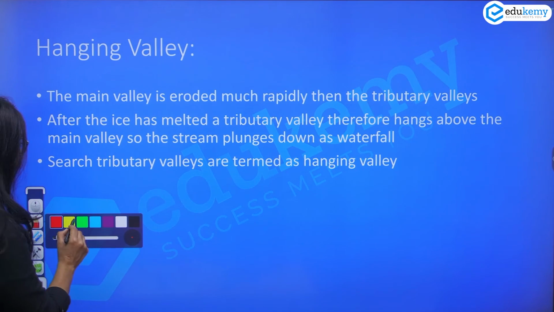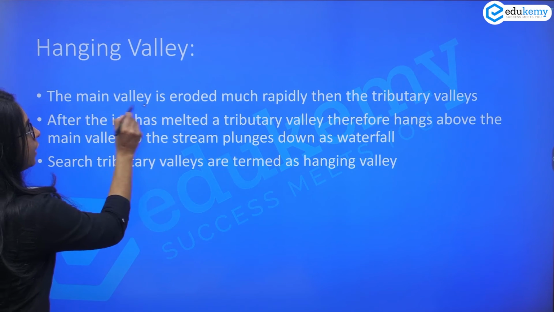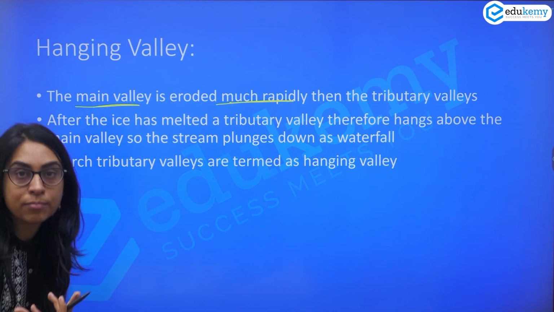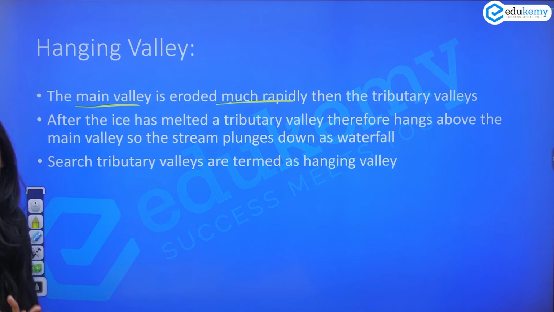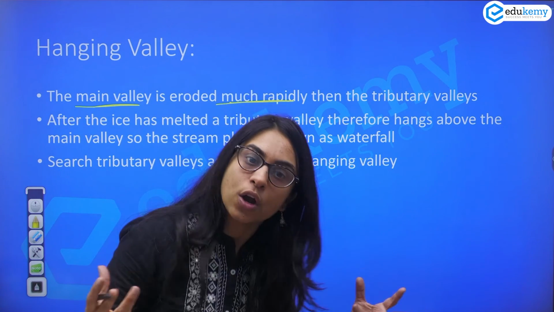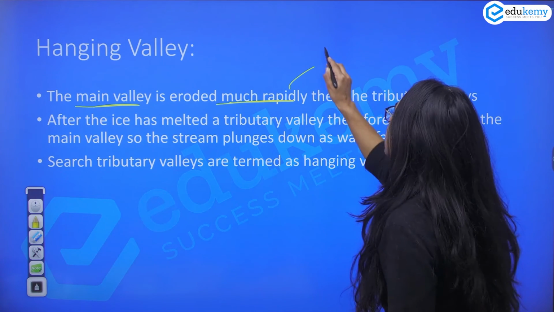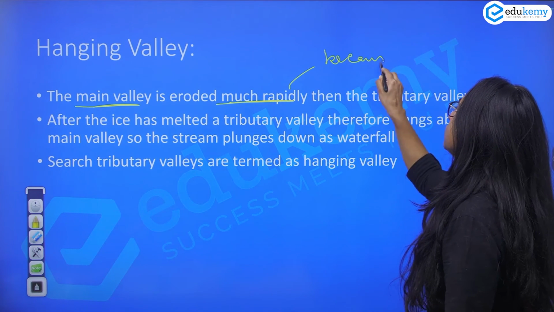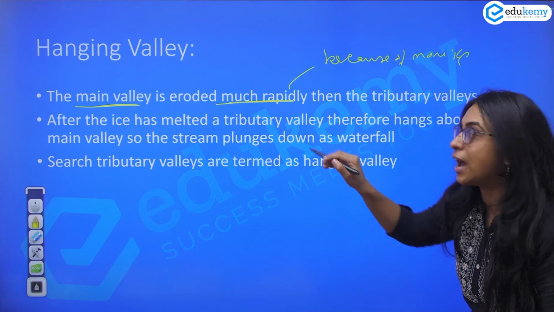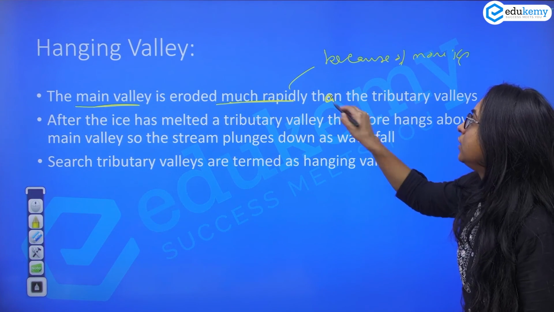The main valley is eroded much more rapidly. We know why the main valley is eroded much more rapidly: because the tributary valleys do not have as much ice, whereas the main valley has a lot of ice. Because of more ice, they are eroded more rapidly than the tributary valleys.